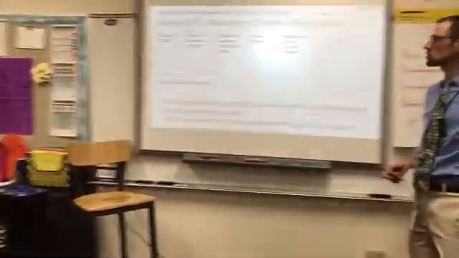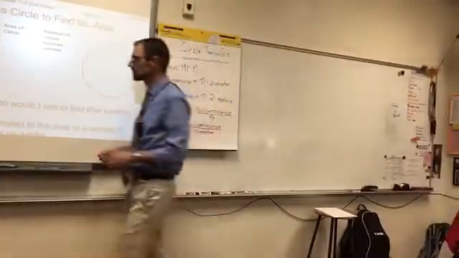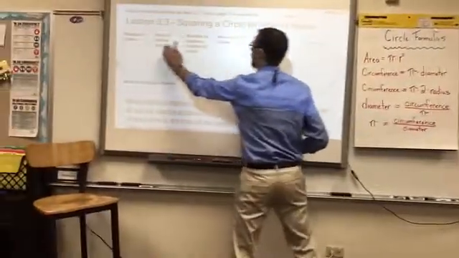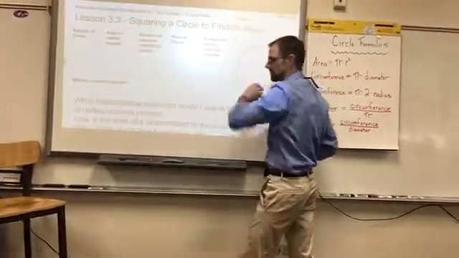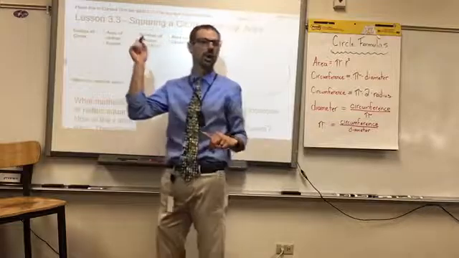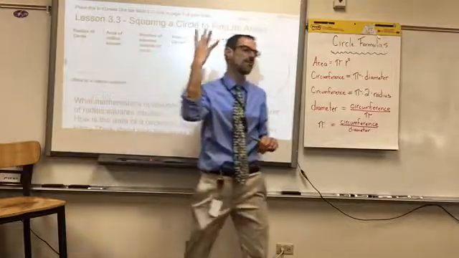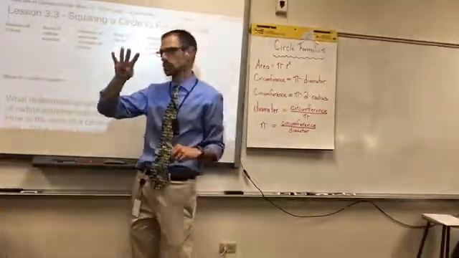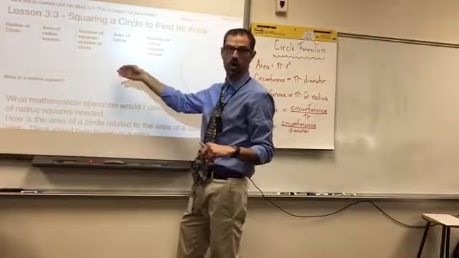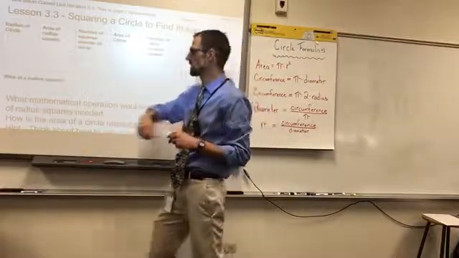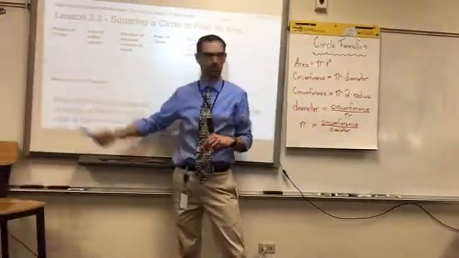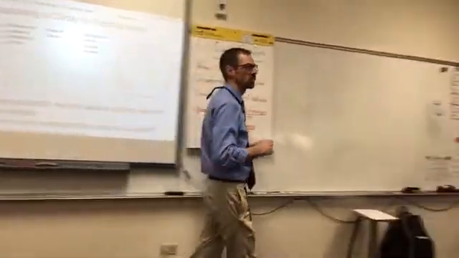So, squaring a circle. We have up here basically 5 different areas that we're going to fill in for this chart. On your lab sheet, you have 4, and I'll explain which one I added on here that you don't have. There is a term that we'll be using a lot. It's called radius square.